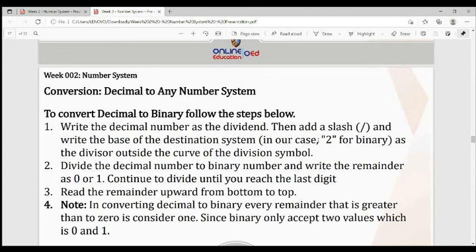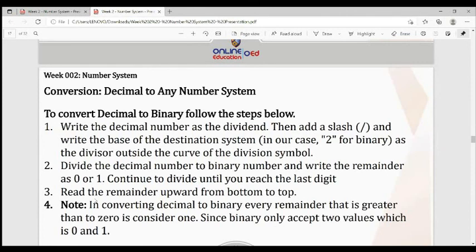So 2, that is for 1 and 0 as the divisor outside the curve of the division symbol. So divide the decimal number by the binary base and write the remainder as 0 or 1. So pag may remainder siya, that is 1. Pag walang remainder, that is 0. Continue to divide until you reach the last digit. So, hanggang ma-reach mo yung 0.